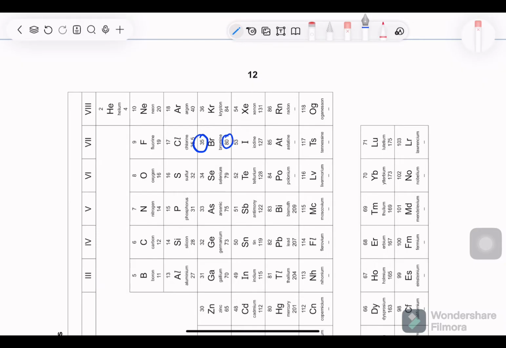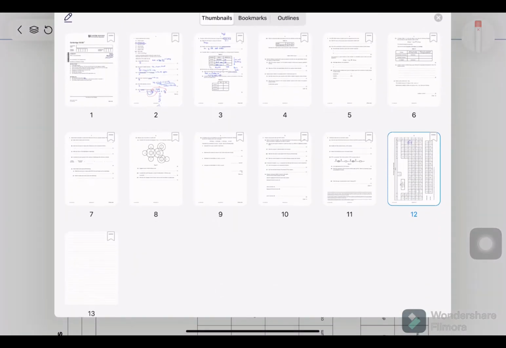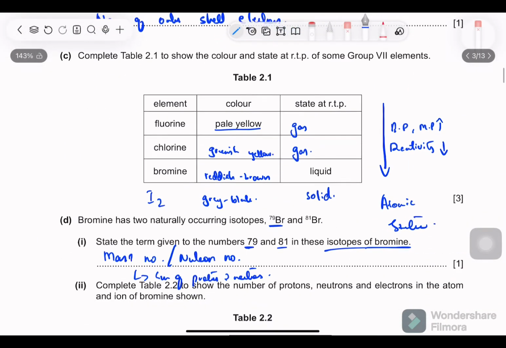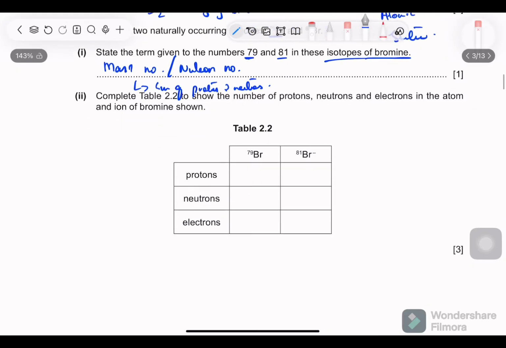So the proton number remains the same, only the mass number, the nucleon number, changes, as the number of neutrons changes within isotopes, but the atomic number remains the same. This can also come as a separate question itself. So we have number of protons 35. This you will always look from the periodic table.